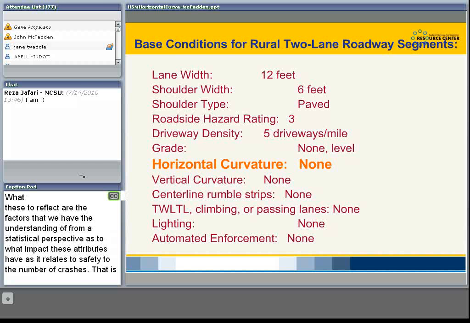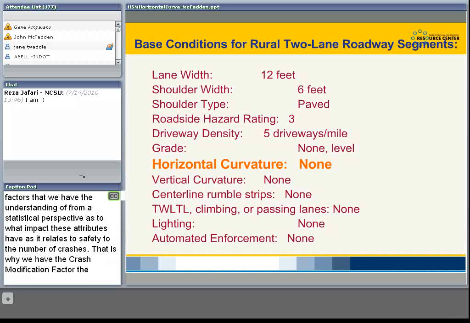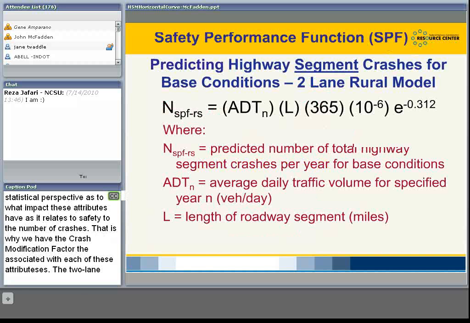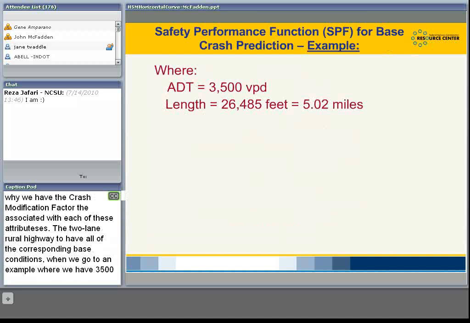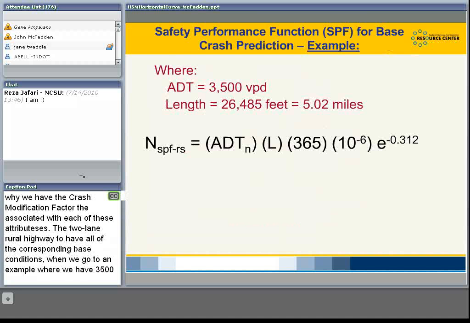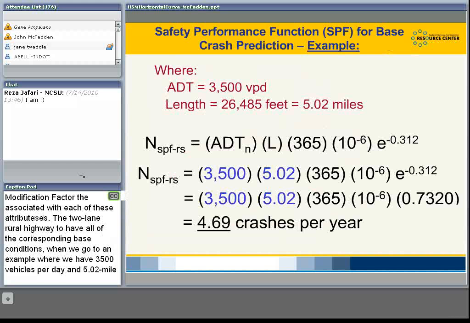And the answer to that is no. What these do reflect, though, is the factors that we have the understanding from a statistical perspective as to what impact these attributes have as it relates to safety, or number of crashes. So that's why we have a crash modification factor associated with each of these attributes.